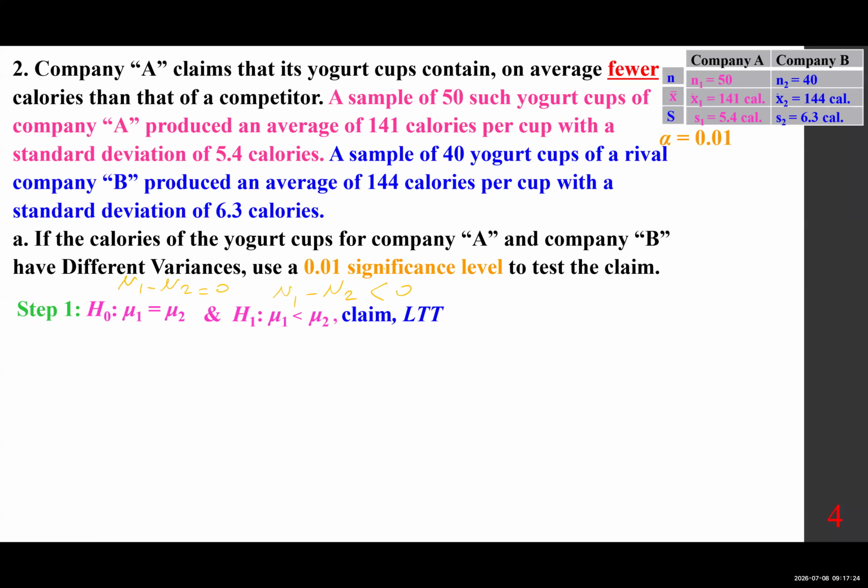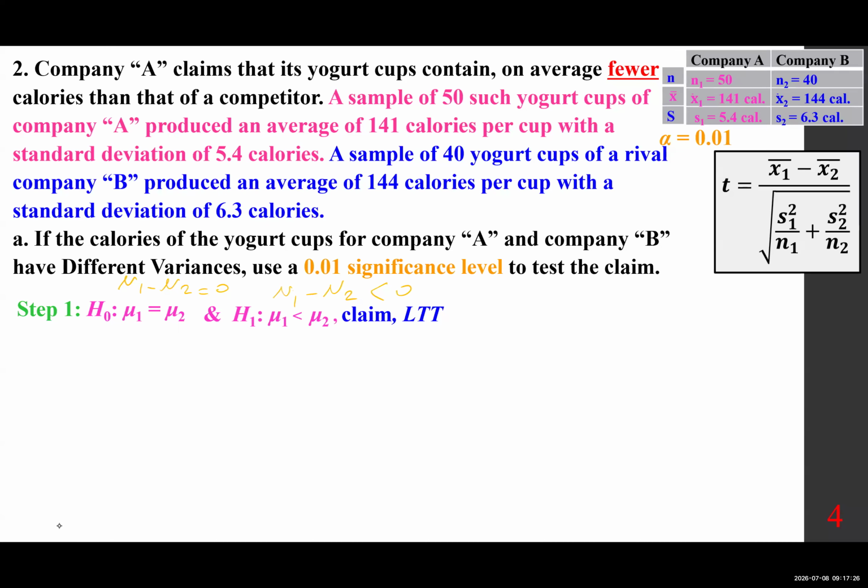The test statistic has this formula, similar to what we had for one sample: x1 bar minus x2 bar over the square root of s1 squared over n1 plus s2 squared over n2. You don't have to do much, just look at your table. That's why the given really is helpful. Make sure you take enough time to write that, now plug in.